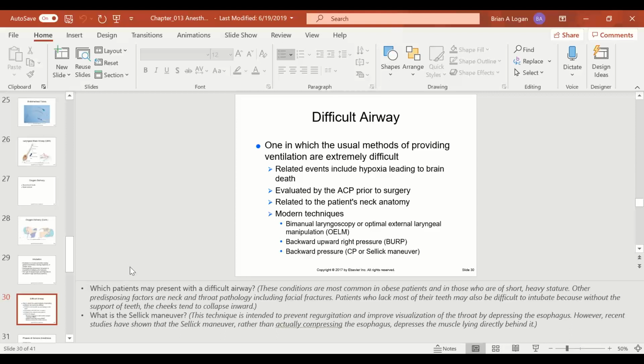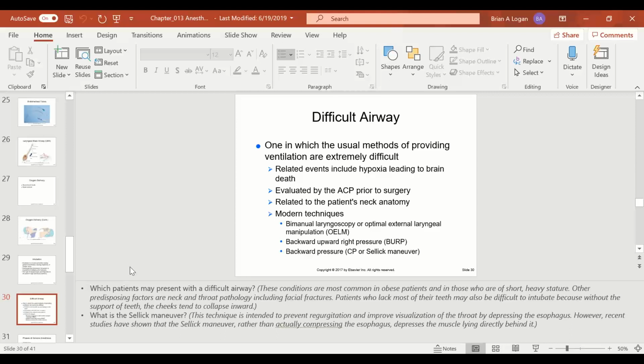Well, sometimes with patients' anatomy, the vocal cords are out of view, they can't see them, and you need to push on the neck a little bit posteriorly. You're going to push down, and that pushes those tissues and the vocal cords into view, and then they can put the endotracheal tube in and get it in the right place.